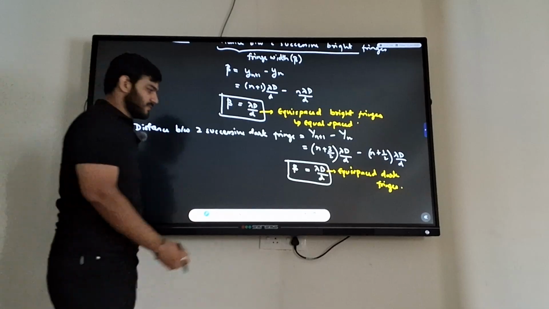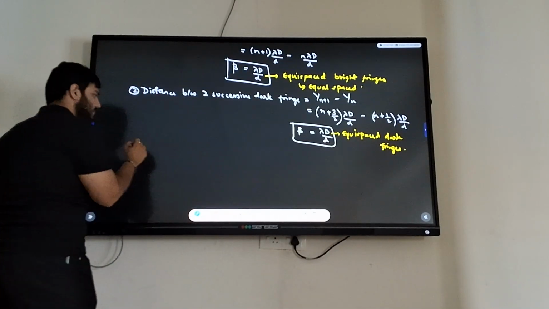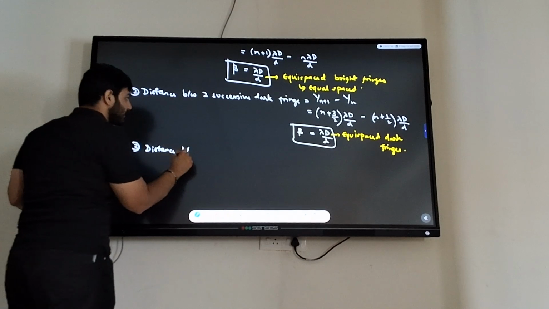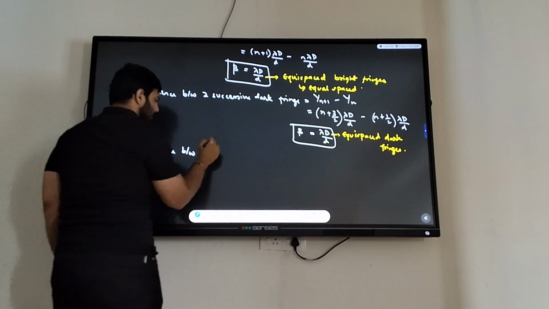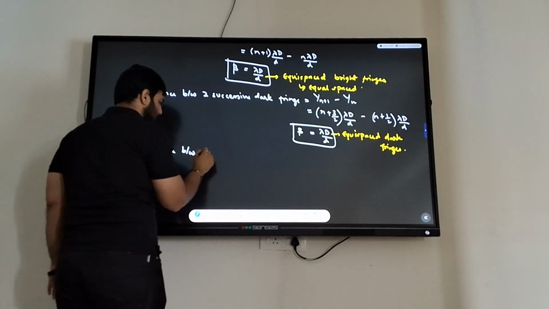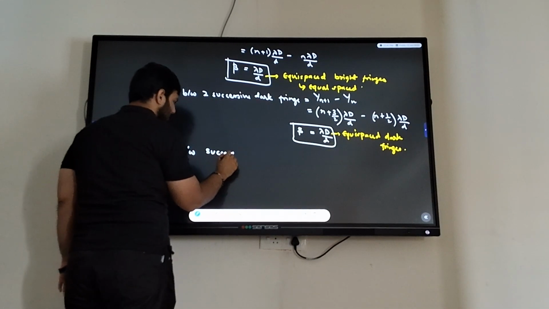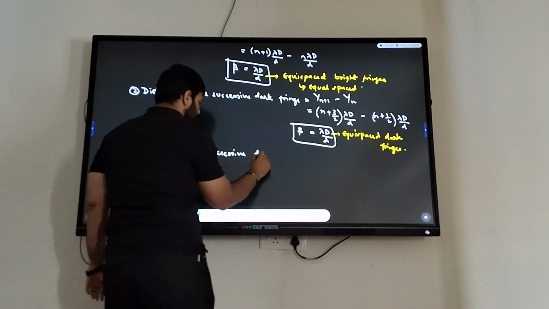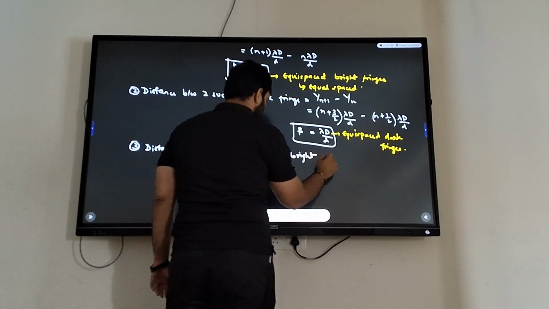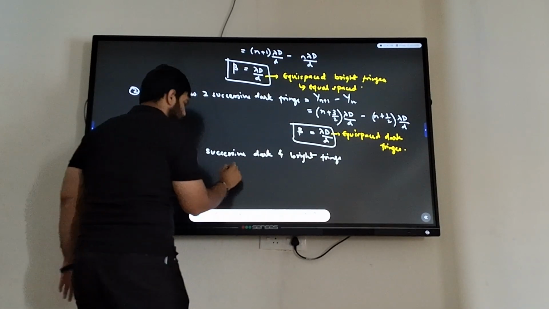It's understood? So let me find the distance between a dark and a successive bright fringe. So what is the distance then?